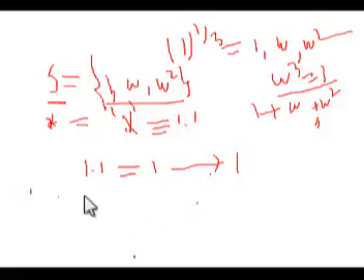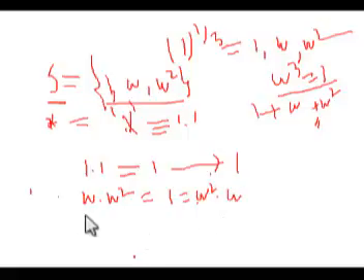Now omega's inverse element, what will it be? Omega multiply omega square is equal to omega cube, that is 1, and omega square by omega.